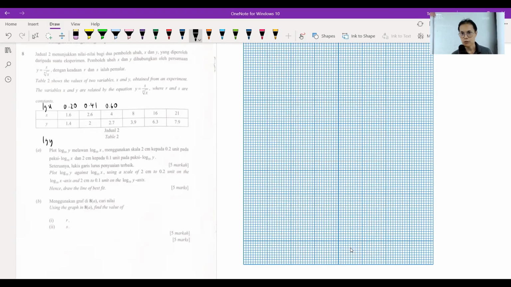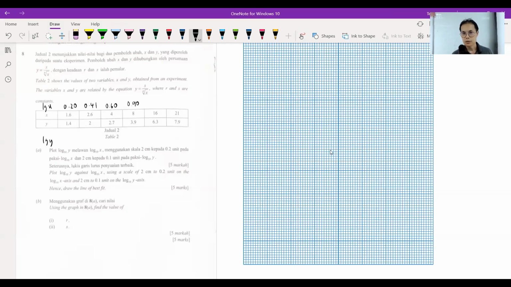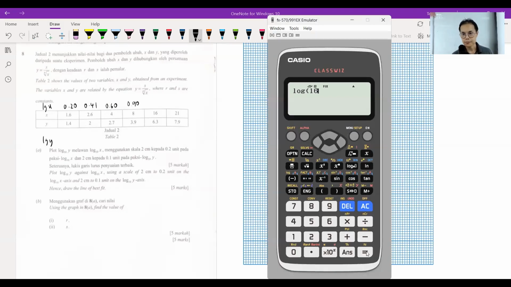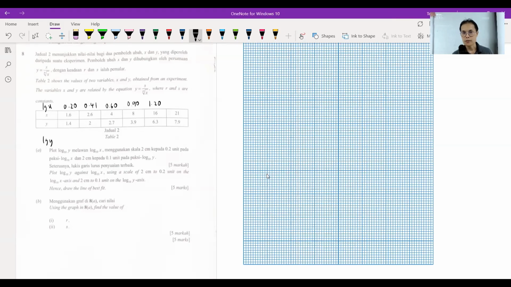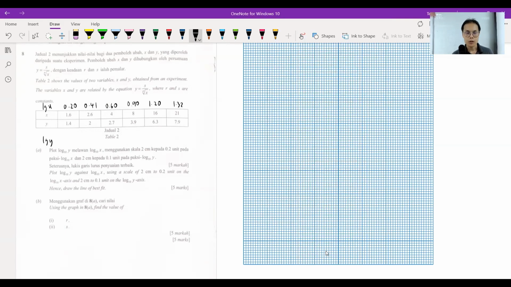Log 8 should be 0.9. I cannot remember this. 0.9, log 16, right? Just change to 16. 1.2, log 21. This is 21. There you go. 1.32. Okay, let's move on to the Y values.